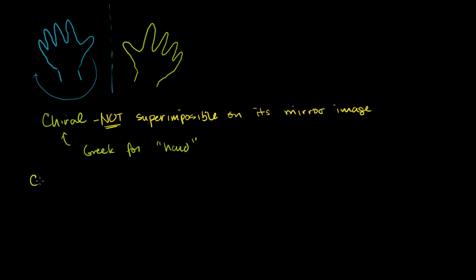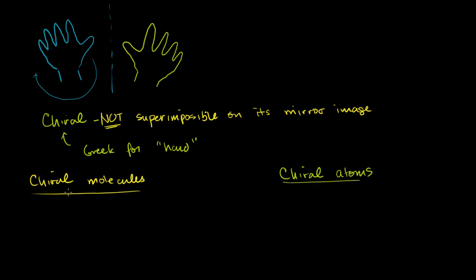There are chiral molecules, and then there are chiral centers, or chiral atoms. They tend to be carbon atoms, so sometimes they call them chiral carbons. Now, chiral molecules are literally molecules that are not superimposable on their mirror image.